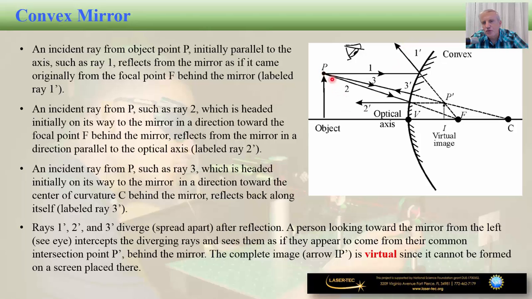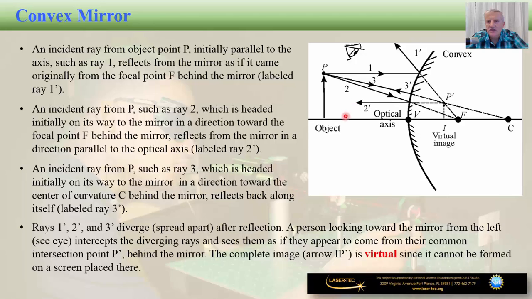And then the light ray 2 was moving in direction of the focal point. When it hits the mirror, it's going to get reflected along the line that's parallel to the optical axis. And finally, the third light ray 3 that is moving in the direction of the center of the curvature is going to get reflected along the same line.